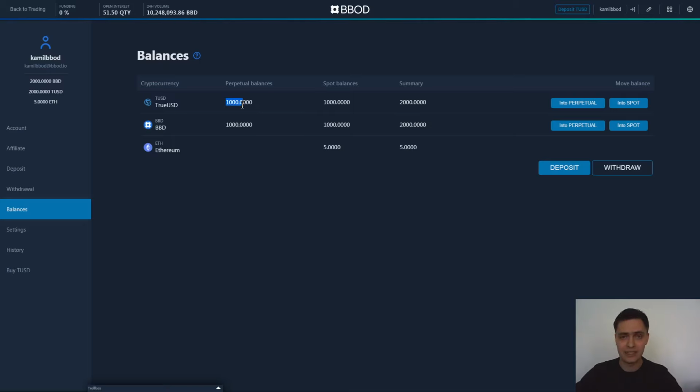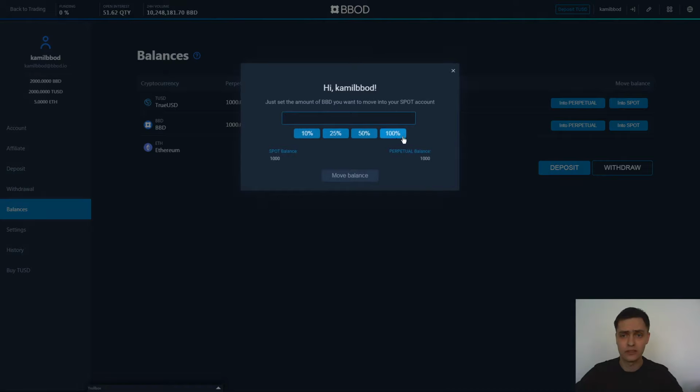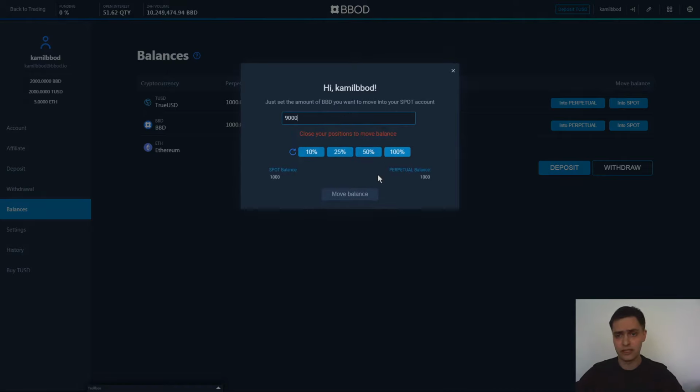When trading perpetual futures, you can lose only the amount that you have on your perpetual account. So if you want to risk 100 True Dollars or 100 BBD, you can just move the rest to your spot market.